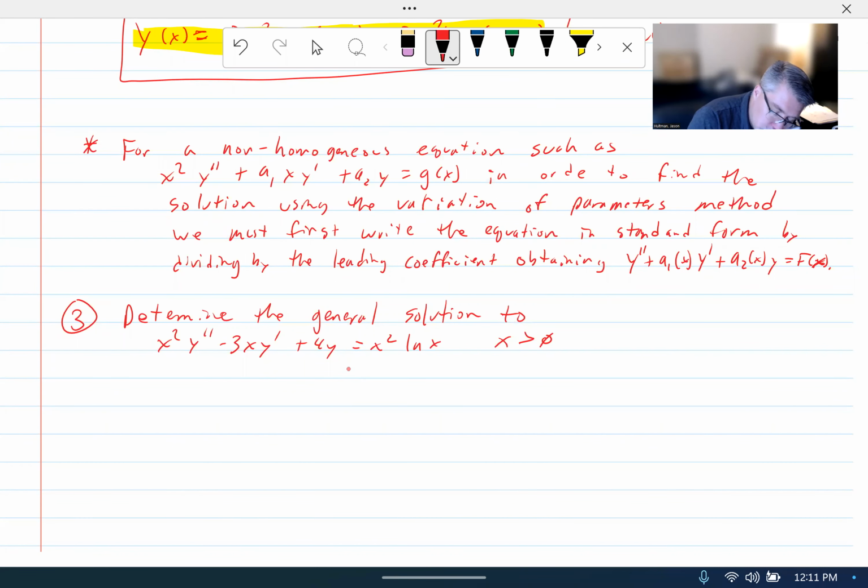Okay, so let's look at the associated Cauchy-Euler equation. We have x squared y double prime minus 3xy prime plus 4y is equal to 0. You can think of it as a linear second order homogeneous differential equation, which is the way we would define a Cauchy-Euler equation.